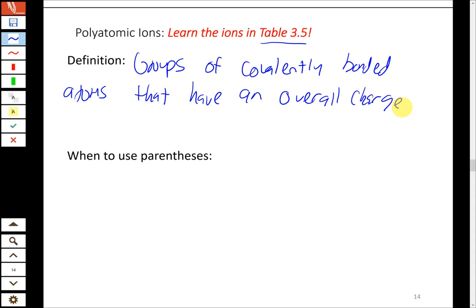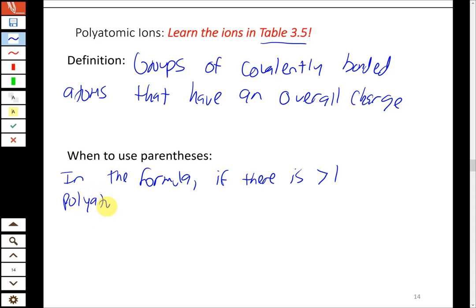And you'll see them sometimes given in parentheses as well. If in the formula of an ionic compound that includes a polyatomic ion there's more than one polyatomic ion in the formula, you're usually going to enclose it in parentheses, or you always should.